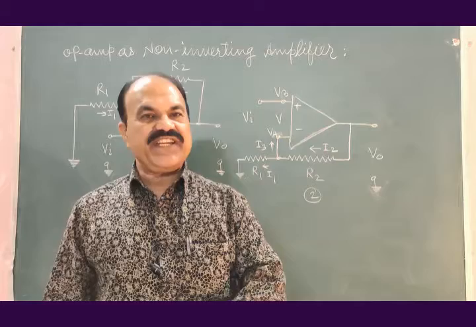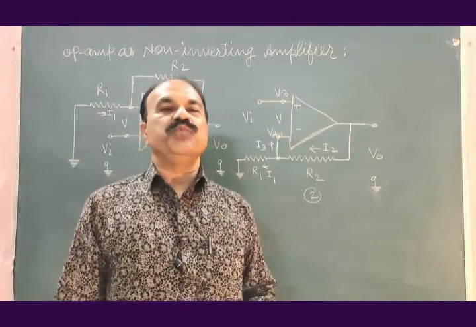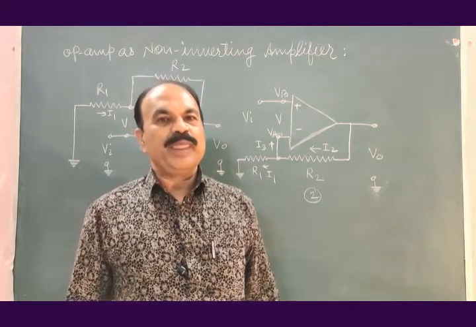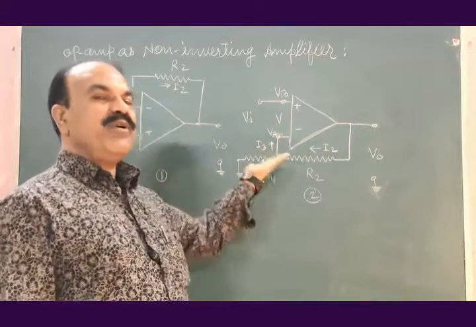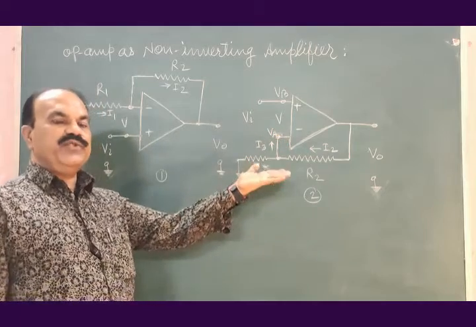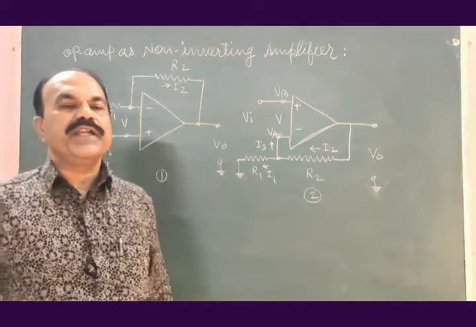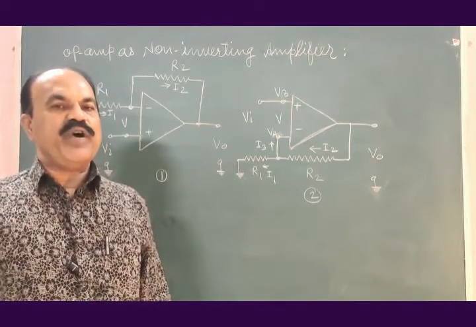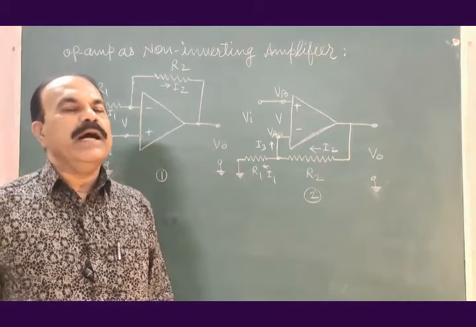There is no change in phase of the input when it goes to output through the non-inverting input terminal of the operational amplifier. And therefore, the circuit in figure 2 or figure 1 is the circuit for non-inverting amplifier. Op-amp used as non-inverting amplifier.